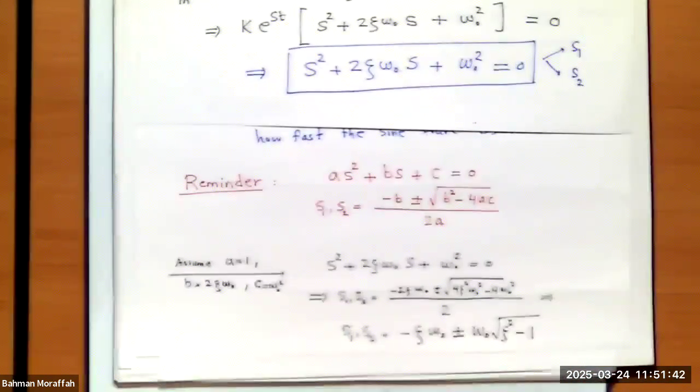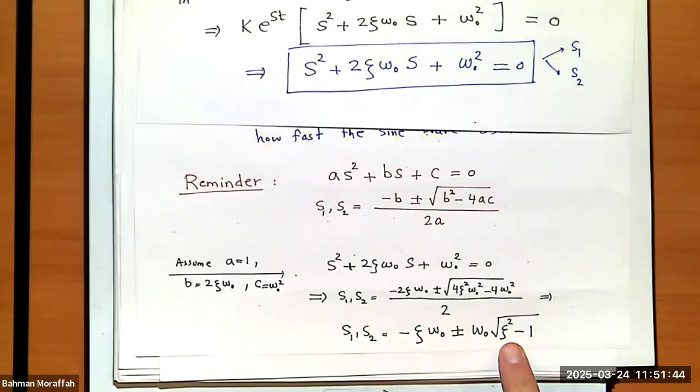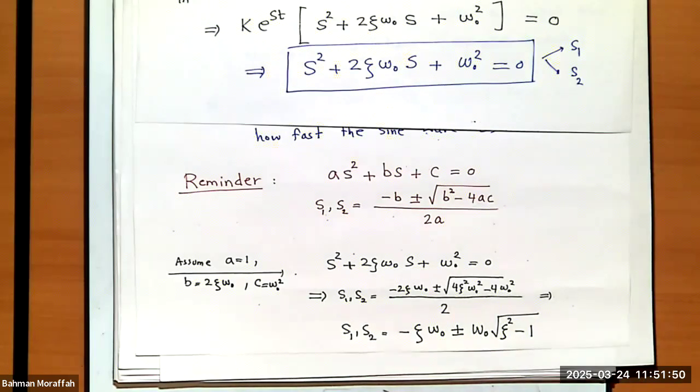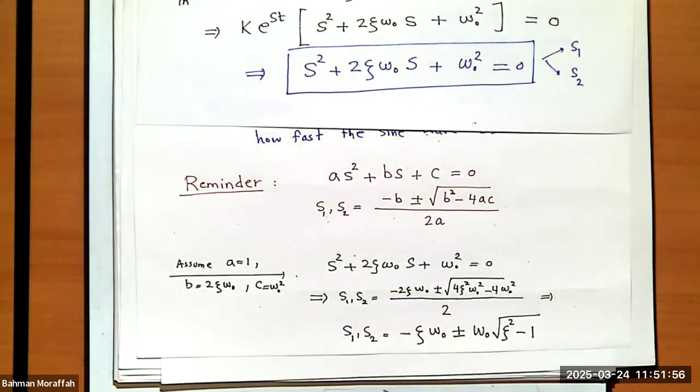Now, as you can see, this zeta can tell us what type of equation we have. If zeta is greater than 1, underneath that square root is a positive number, which tells us we have 2 real solutions. If zeta is exactly 1, I have 2 solutions that are exactly the same, because this portion goes to 0.